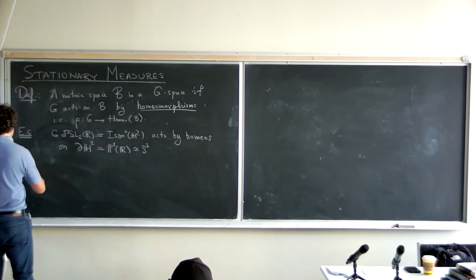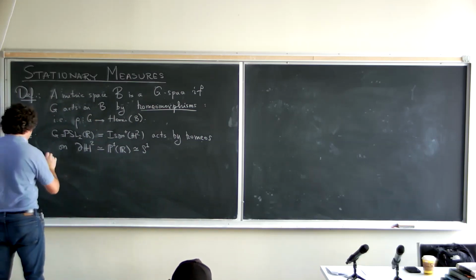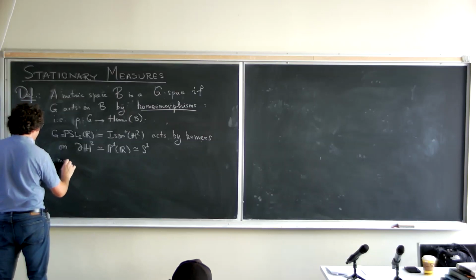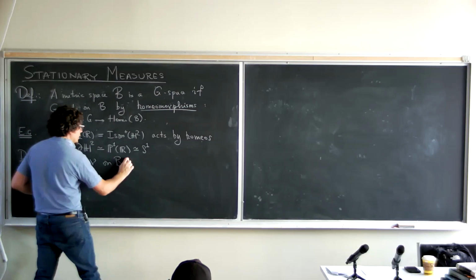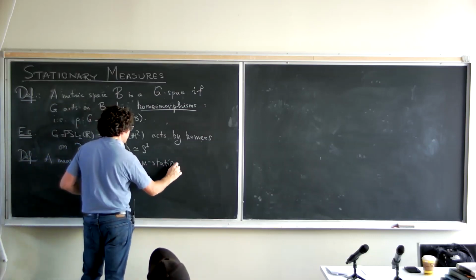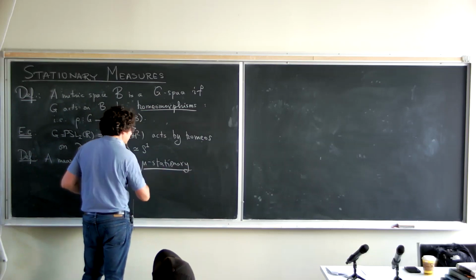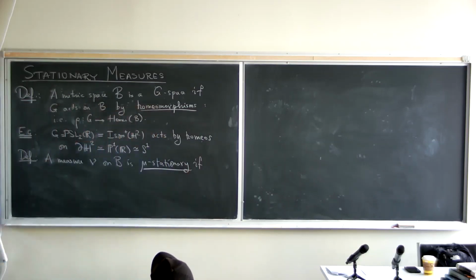Okay, so in general, what is the definition of a stationary measure? A measure nu on B is mu-stationary if, well, it's not invariant because there need not be any invariant measure, but it's invariant on average.